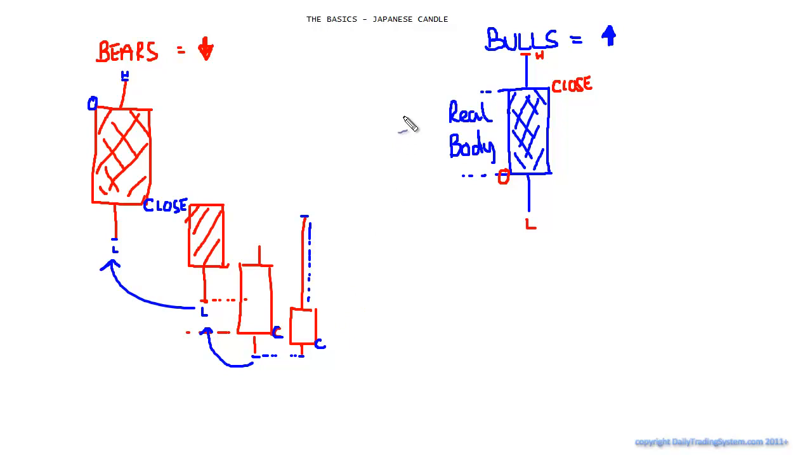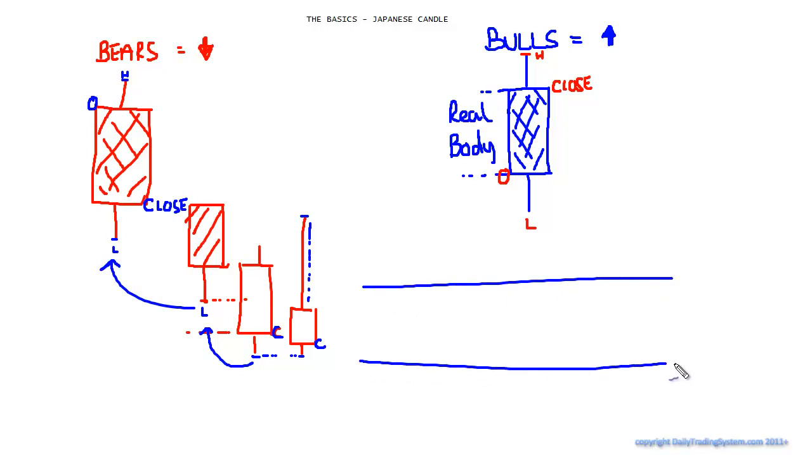Now what's also very important, before I move on and show you some of the real patterns, is to take note of the support and resistance levels. This is very, very important. There's your resistance, and here is your support.